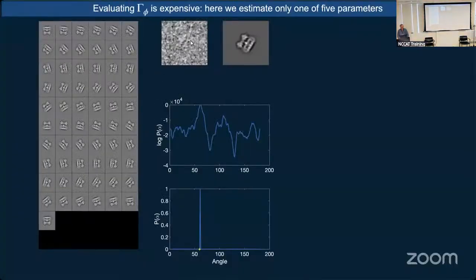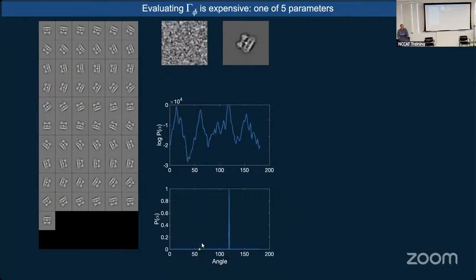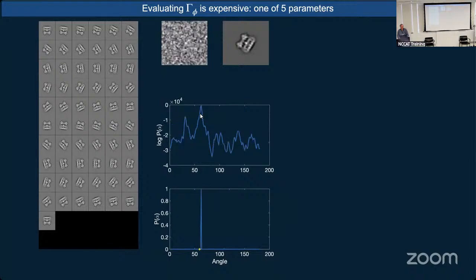Basically, we just want to know what the in-plane orientation of a particle is in a particle data set. So we compute the probability of the particle orientation based on the data, and here there's a maximum, and the maximum happens to be at the right value, but here the maximum does not occur at the right value because the signal to noise ratio is so terrible.